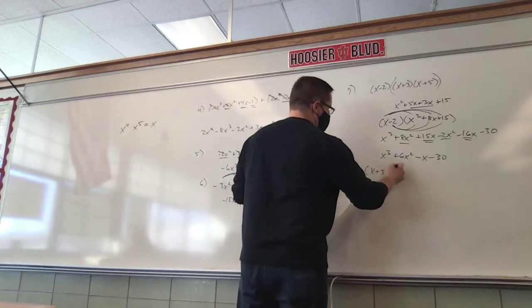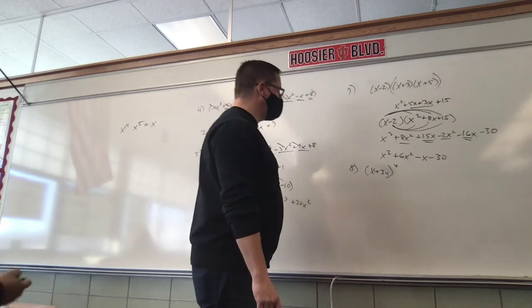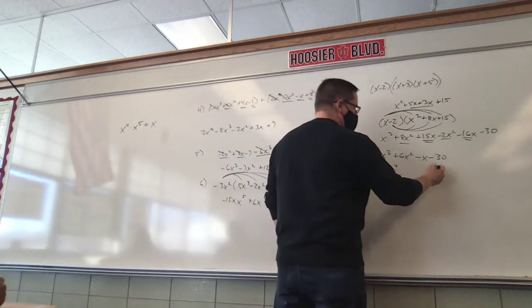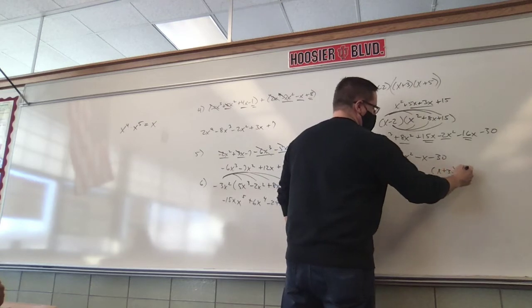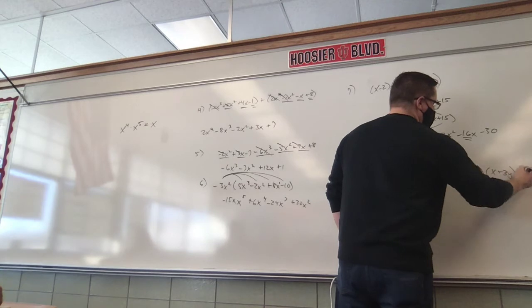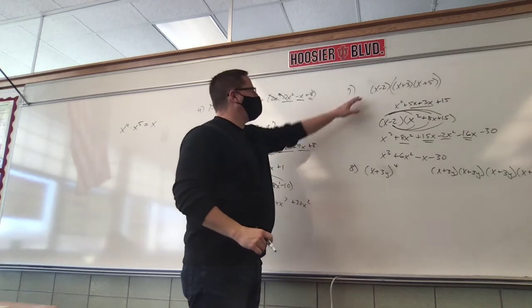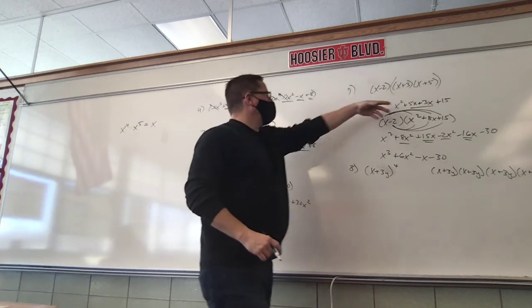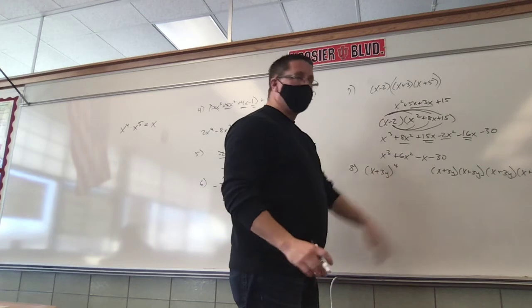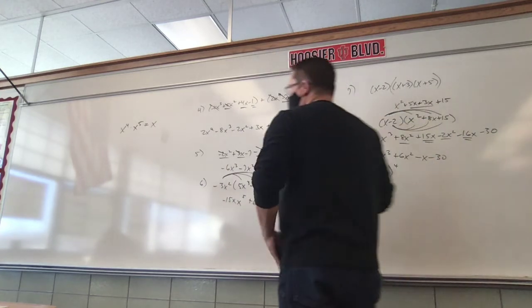What you could do, and this is not the way I want you doing it, is x plus 3y, don't write this down, times x plus 3y, times x plus 3y, times x plus 3y, and FOIL, FOIL, FOIL, FOIL. That's not the way I want you doing it, okay? Up here we foiled a couple times, but here, that's not the way I taught you. I just showed you another shortcut on how to do it, okay?